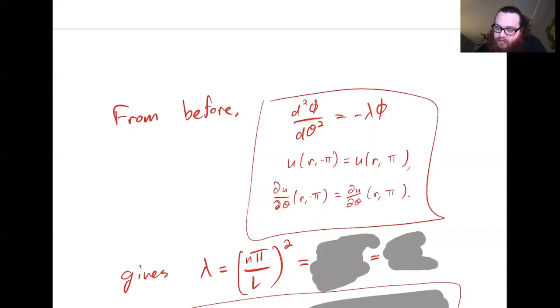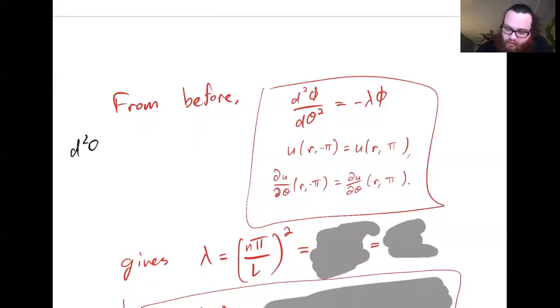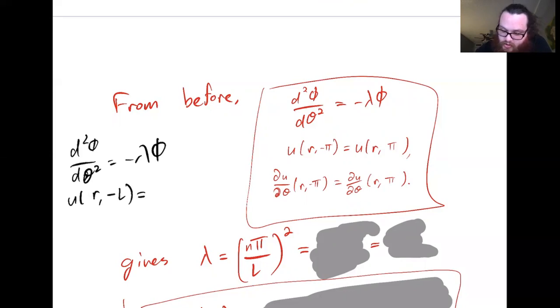So the situation that we worked with before, if you recall, we were working with d squared phi over d theta squared is minus lambda phi. And then u of r comma minus L is equal to u of r comma L, etc. And what we ended up with was lambda was n pi over L squared.